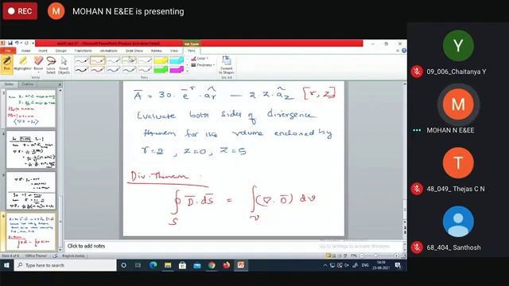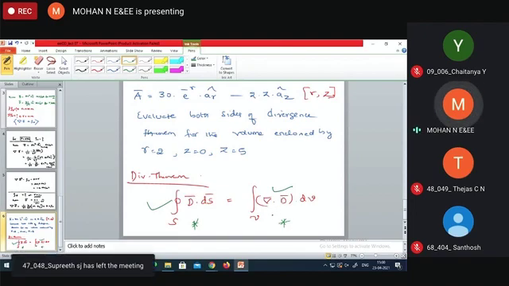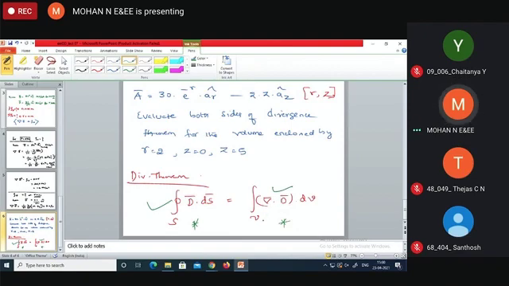So you have to evaluate this part as well as this part, and they will be equal at the end. So you have to find the left side and the right side of the divergence theorem for the volume enclosed by r is equal to 2, z is equal to 0, and z is equal to 5.